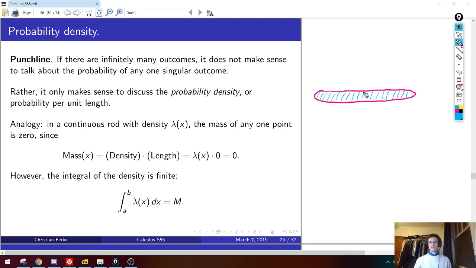We're assuming this can be subdivided into infinitely tiny strips. So as you take the strips infinitely thin, it's basically like in the rod, it's just a point, right? Because this thing's one-dimensional. So you'd say the mass at any one of these points, the mass at a point x, is 0. But of course, if we integrate across all of these, we get a non-zero mass, the integral of the density.